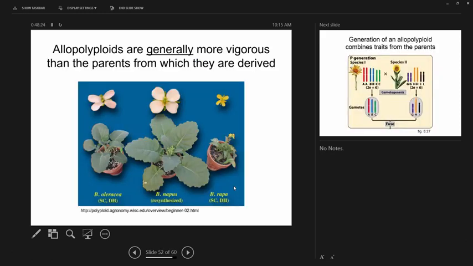So if you take an allopolyploid, generally these are more vigorous than the individual organisms from which they're derived. A lot of allopolyploids are developed in the agricultural field, so you can get more robust plants that do more of what you want by combining different species.